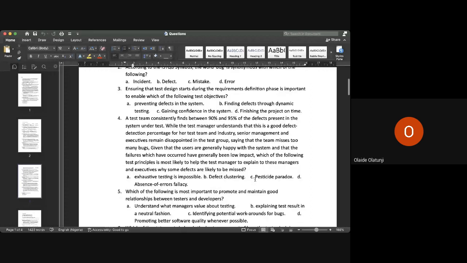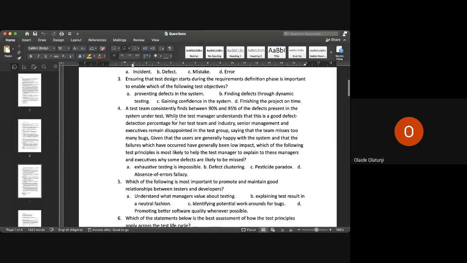Okay, next one. The testing consistently finds between 90% and 95% of the defects present in the system under test. While the test manager understands that this is a good defect detection percentage for our testing and industry, senior management and executives remain disappointed in the test group, saying that the team misses too many bugs.